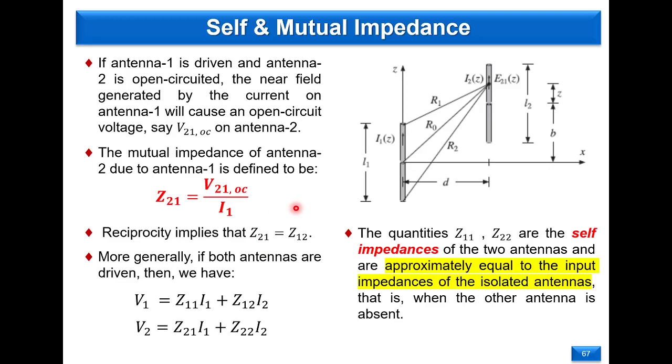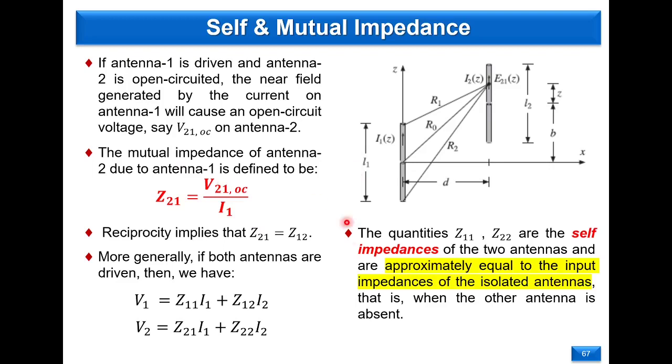When antenna 1 is radiating and antenna 2 is non-energized, there will be some voltage induced on 2 because of the current on 1. This open circuit voltage does have a value. If we divide this value by the current that caused this voltage, it will be the mutual impedance Z21, the mutual impedance of element 2 because of the current on element number 1.